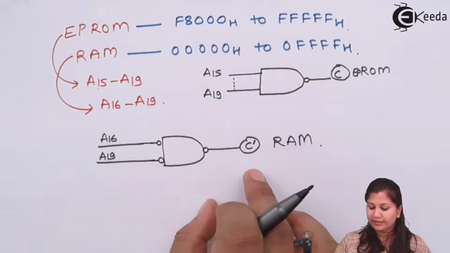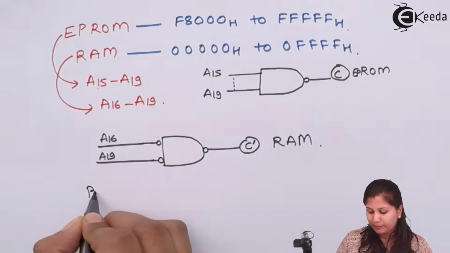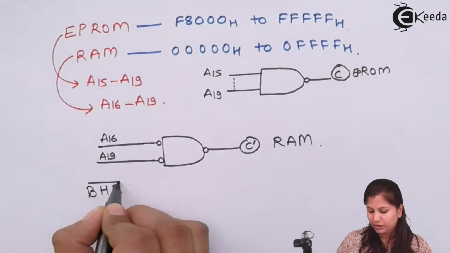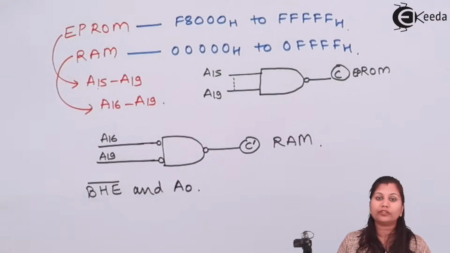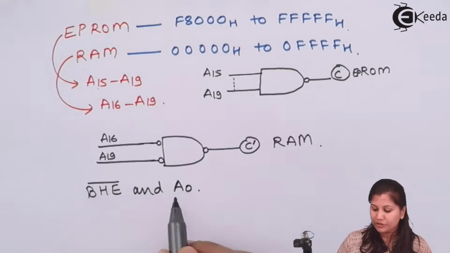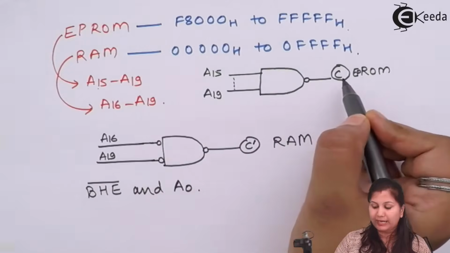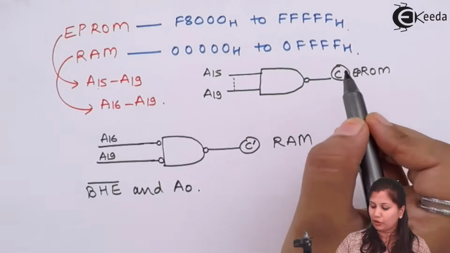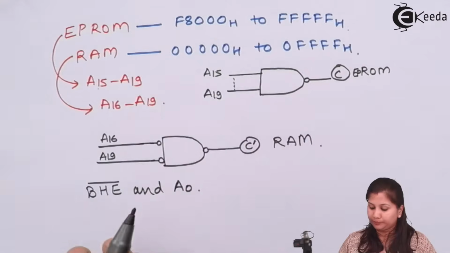So one is our address lines. Also for the chip select signal we will use the bus high enable BHE and the A0 address line of the 8086 microprocessor. Now one combination we have to use will be BHE and the chip select signal, another combination will be A0 and the chip select signal.